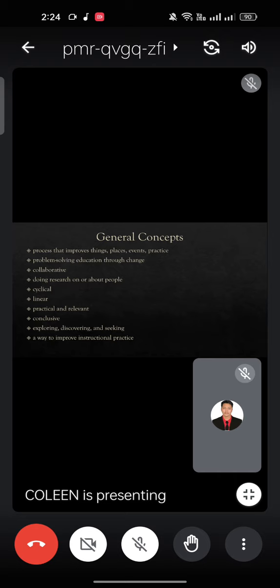It's also conclusive. Sorry, I forgot to explain conclusive. It is conclusive because it is not a product of one's imagination that you can just take for granted, just like what happened to a professor who presented the results of research to the management. It is conclusive because you have spent a lot of time looking for information related to this.